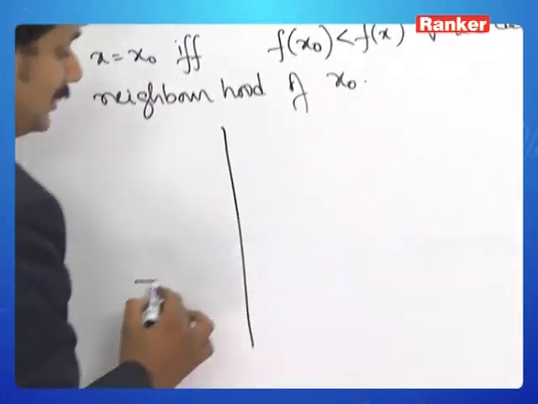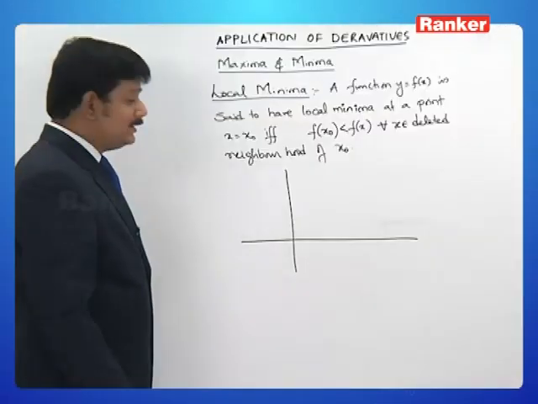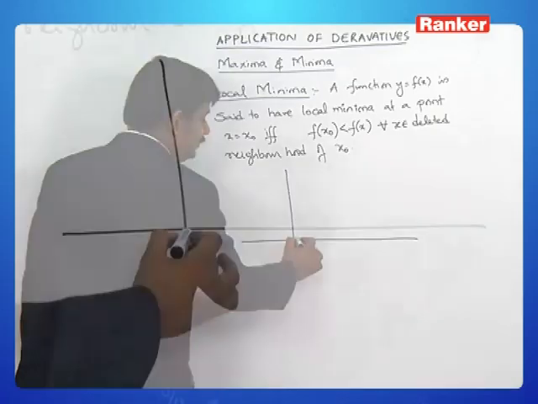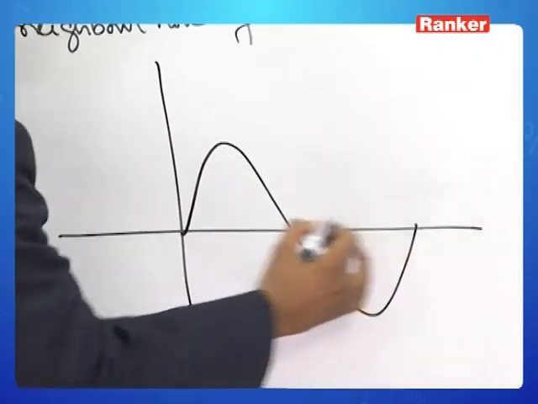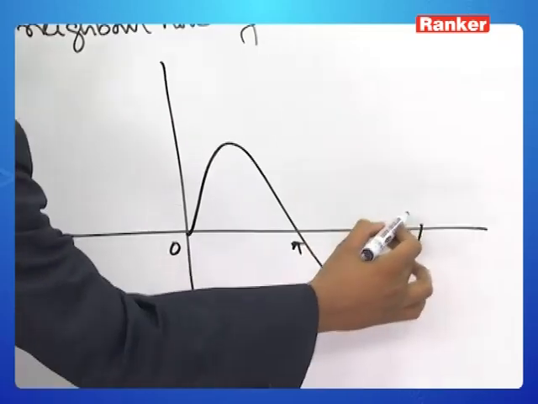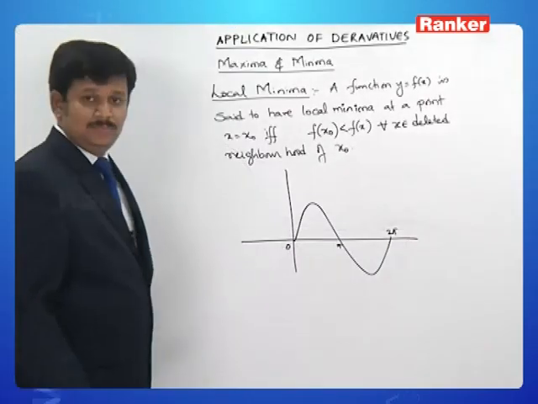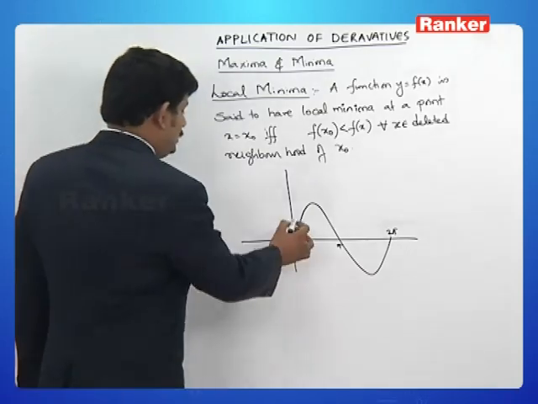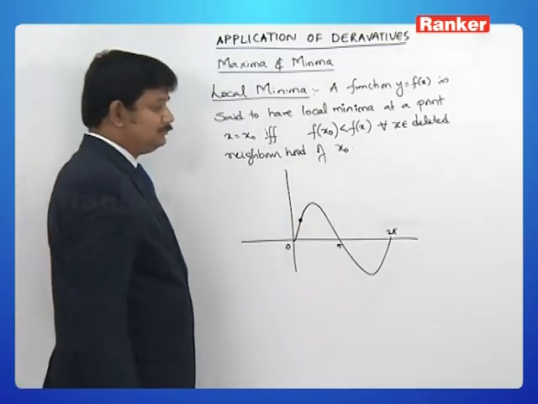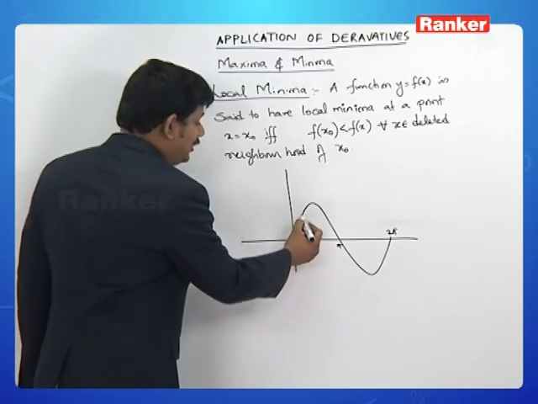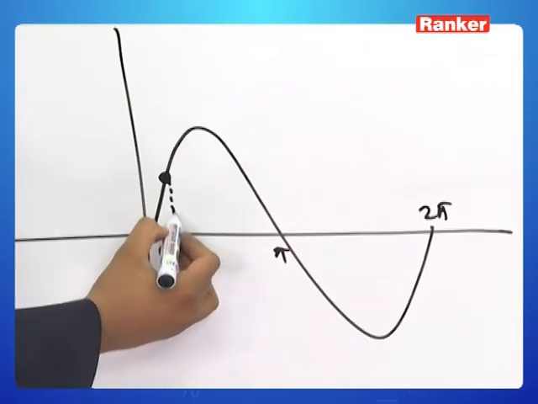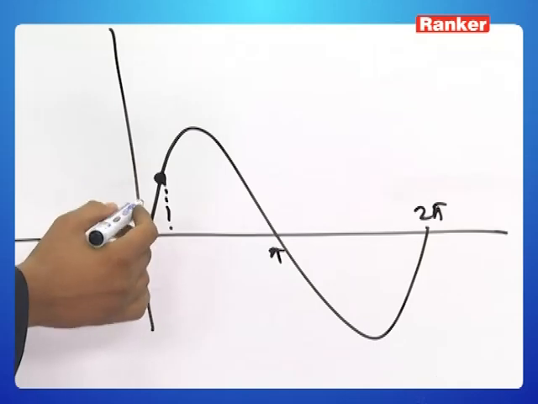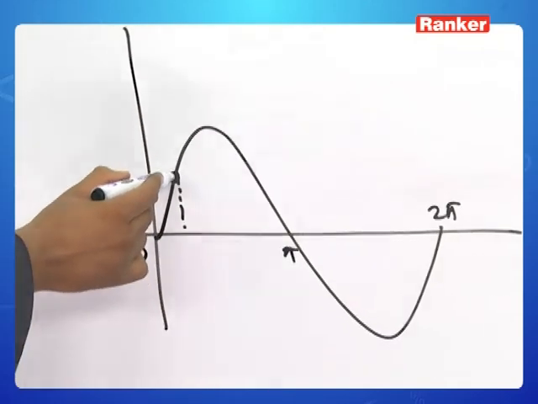Let us look at it by example of a graph. Let us look at the graph of y is equal to sin x from 0 to 2 pi, 0, pi, 2 pi. Now let us see if any point qualifies to be a local minima. Any point here, to the right of this point, y coordinates functional values are more than y coordinate at this point.